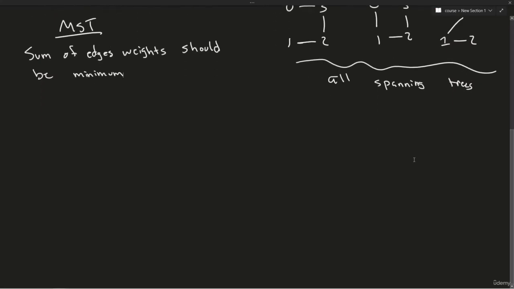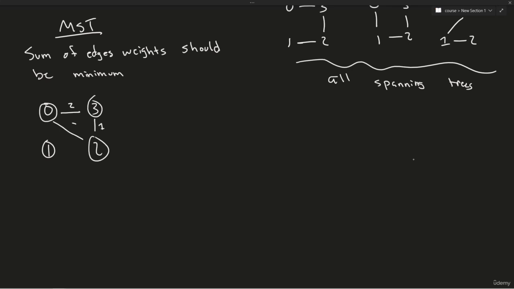Alright, so if we take our same example from above of 0, 1, 2, and 3, and now we start assigning some weights to them. So we have 0 to 3 is 2, 3 to 2 is 1, 0 to 2 is 3, 1 to 2 is 4, and 0 to 1 is 5.